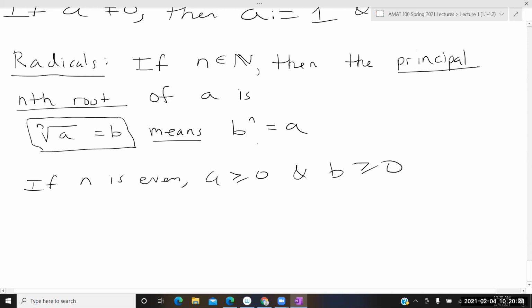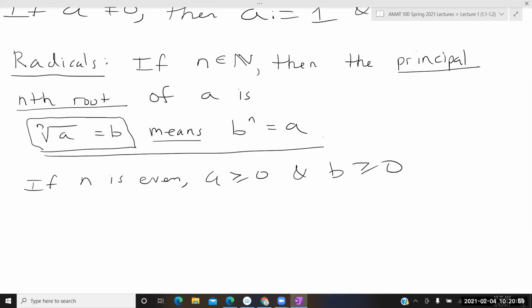So in some sense, nth powers and nth roots are dual or opposite of each other. This just simply means the nth root of A is that number such that when you raise it to the nth power, you recover A, you get A back. And that's all that this sentence is saying right here.